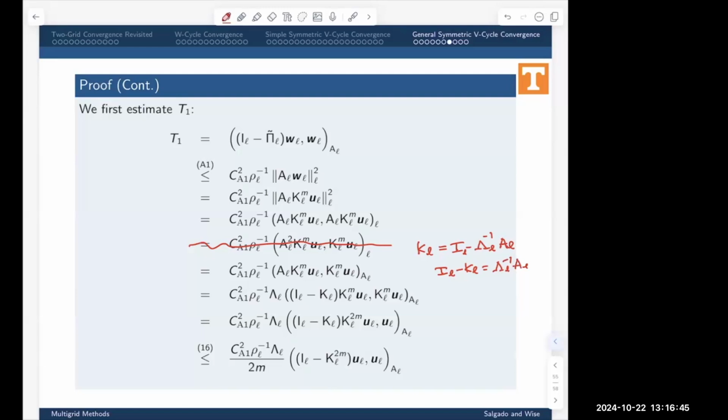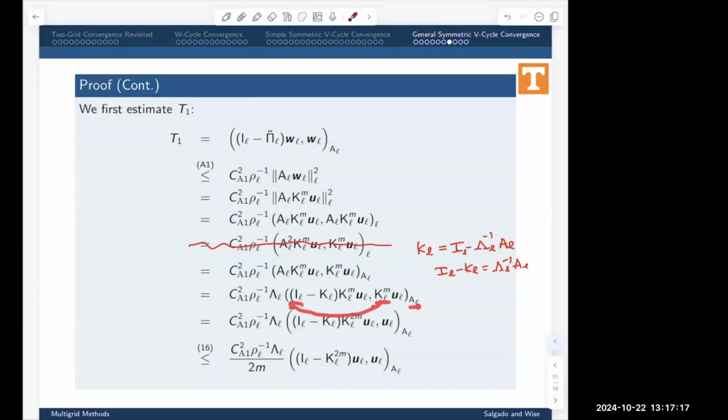So if I multiply and divide A by pi L inverse, then what I can do is replace an AL with I minus KL times pi L. Okay, so it's pretty easy to see that I can take this AL and replace it by IL minus KL divided by lambda L.